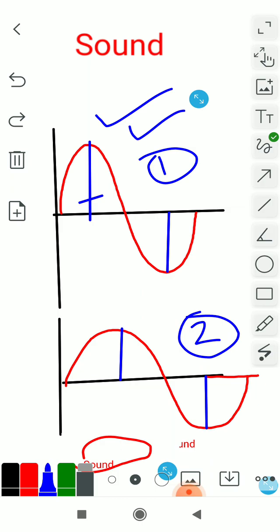That means the amplitude is greater for case 1.